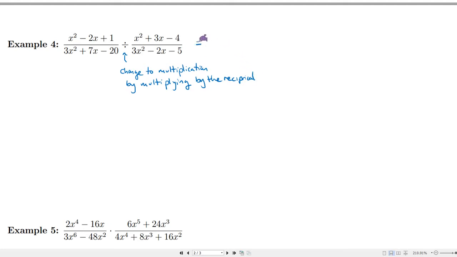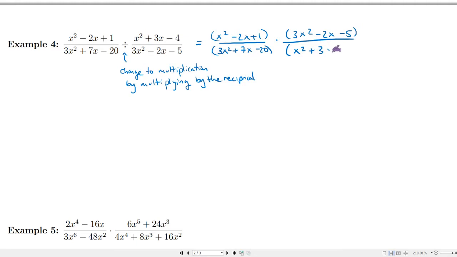So how does that work? Well, you just take this first expression, the x squared minus 2x plus 1, divided by the 3x squared plus 7x minus 20, and then we just multiply by the reciprocal of the second one. So just flip the denominator and numerator. We have 3x squared minus 2x minus 5 divided by x squared plus 3x minus 4.